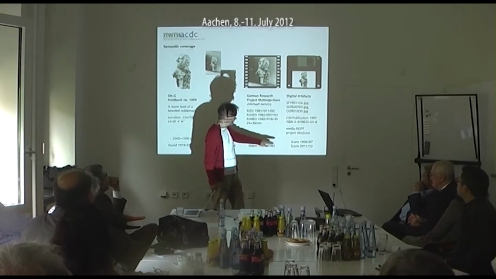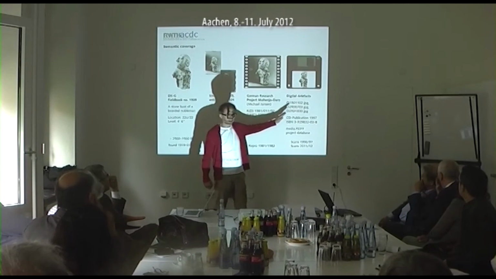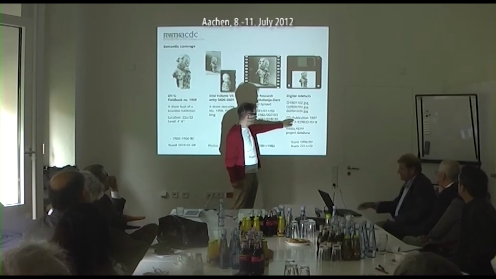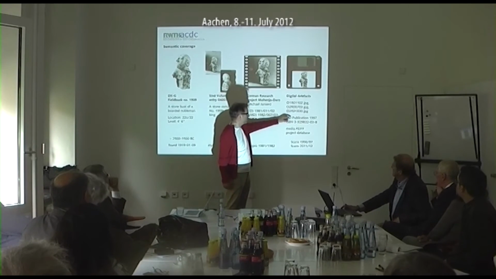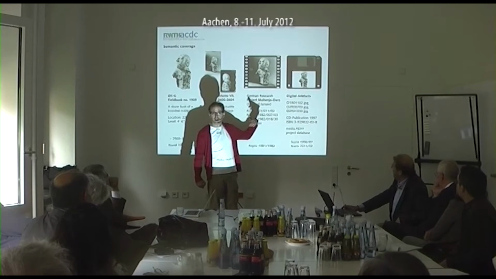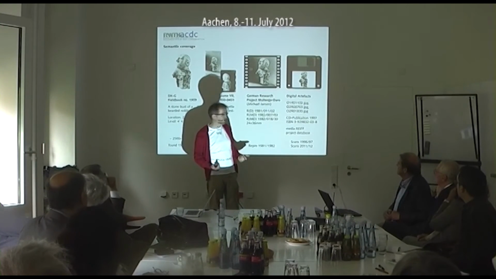This is 1980, 1981, 1982, and now we have the digital artifacts from the CD publication 1997, which was scanned in 1996, 97, and are now rescanned for better quality and higher resolution.